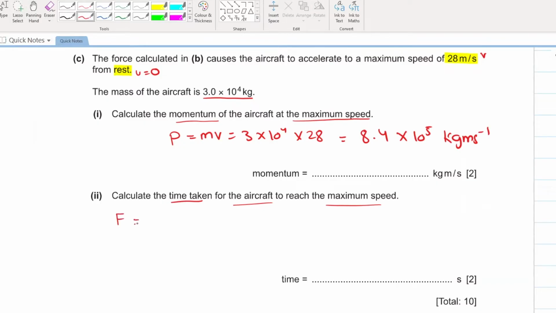Resultant force is equal to change in momentum over change in time. Do you have the resultant force? Yes, 6 into 10 raised to the power of 5. Do you have the change in momentum? 8.4 into 10 raised to the power of 5. Can you calculate the change in time or delta t? Yes. Time comes out to be 1.4 seconds. Simple as that.